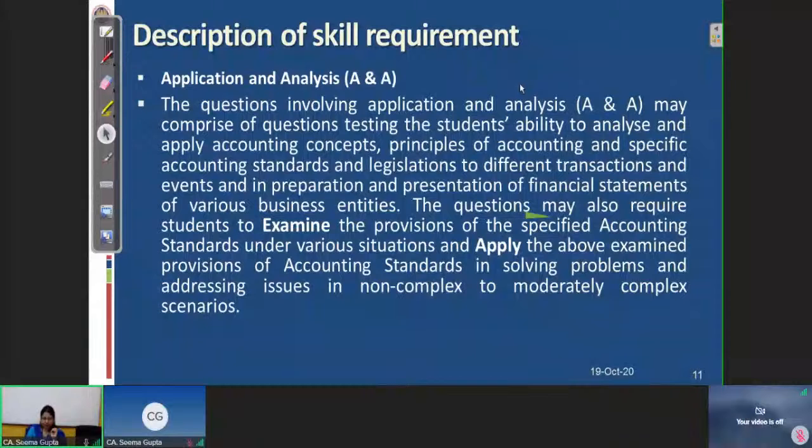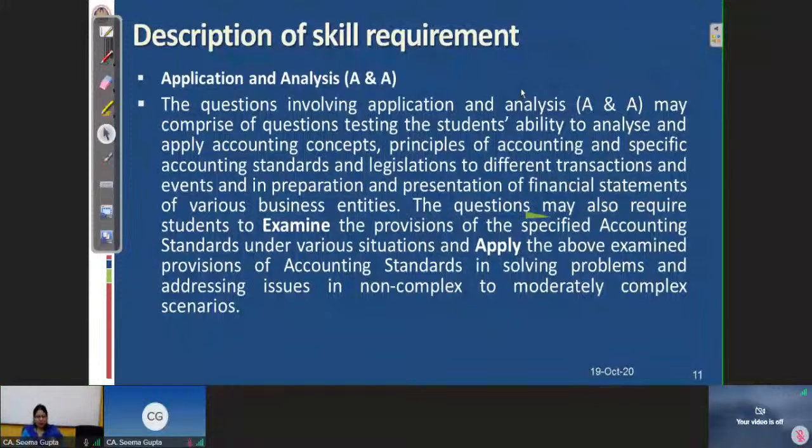Then we have the skill requirement, that is, what type of questions will be asked in the examination. At intermediate level, we only have application and analysis based questions. They may test the student's ability to analyze and apply concepts, principles, accounting standards and legislation to different transactions of various business entities while preparing and presenting the financial statements.